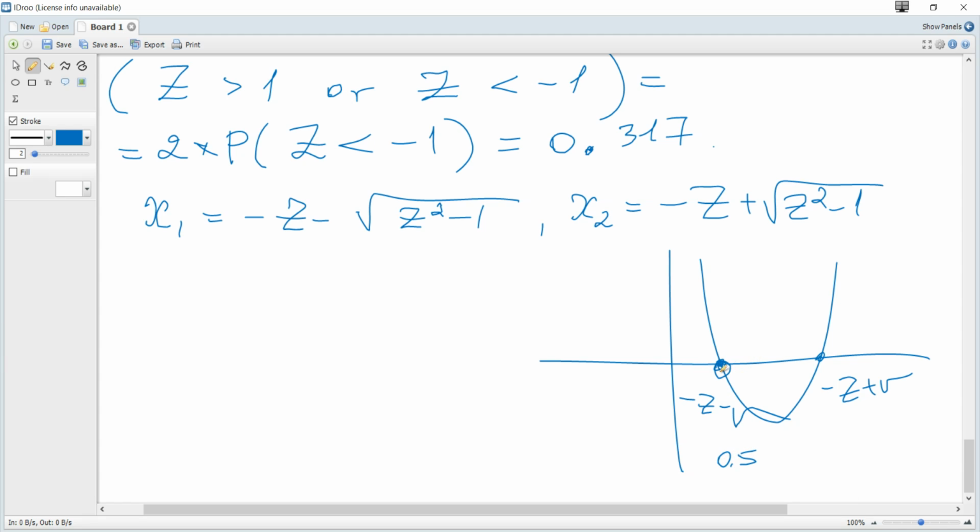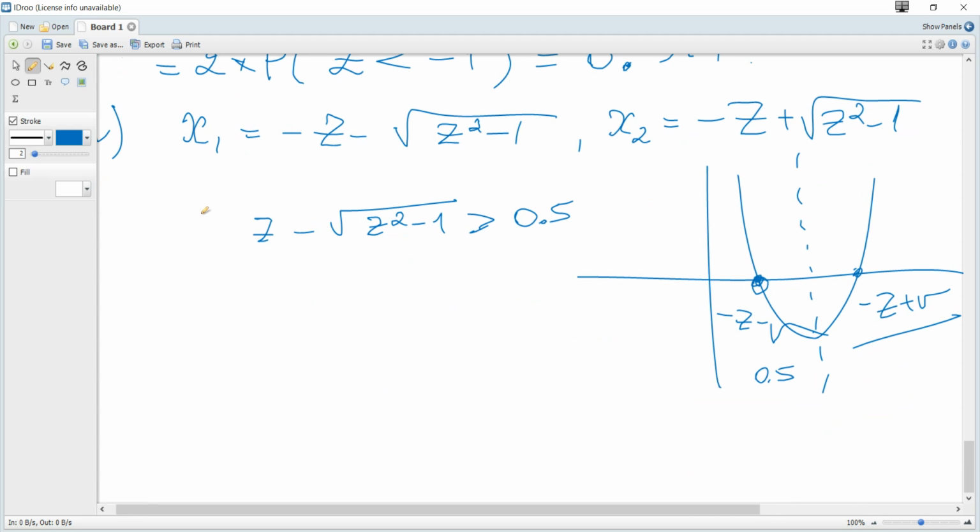It's required that the smaller root, which is negative z minus the square root, must be greater than 0.5. Because the second root, which is greater, will automatically be greater than 0.5, because the concave up parabola looks like this.